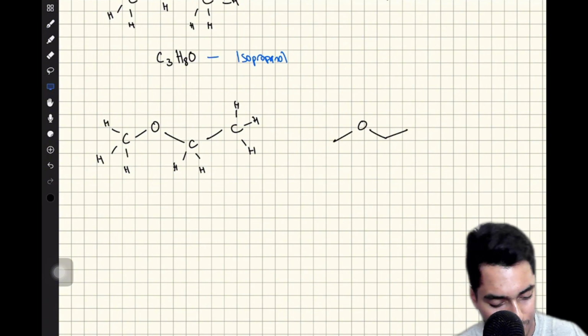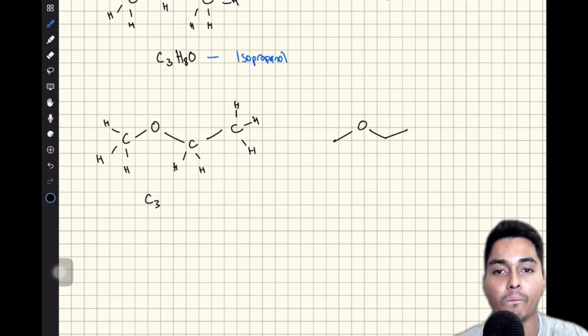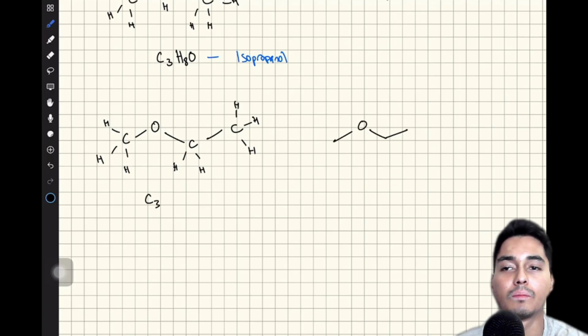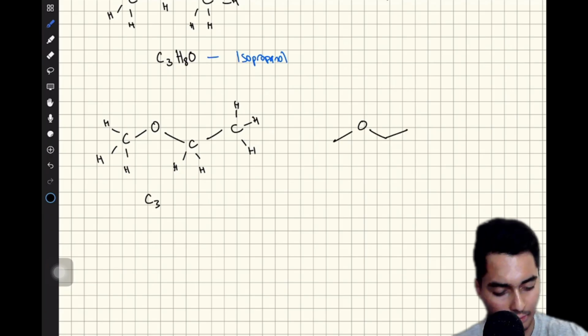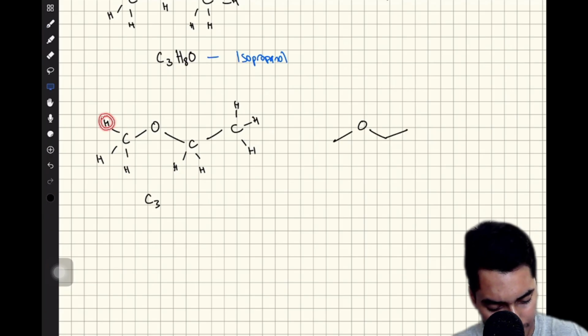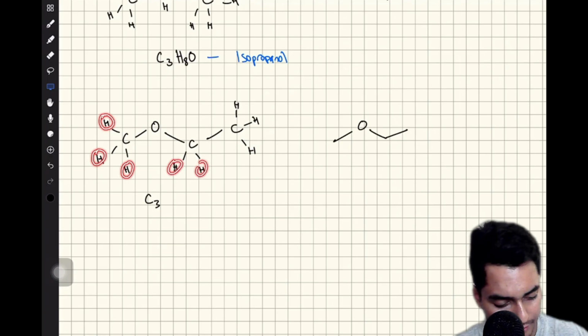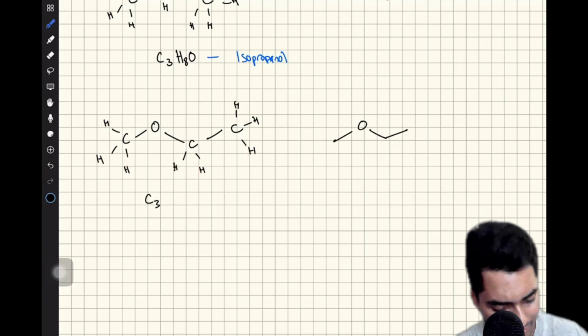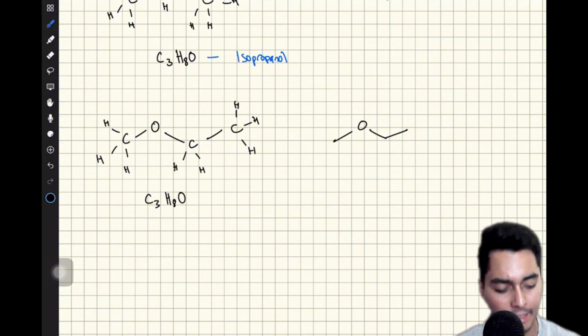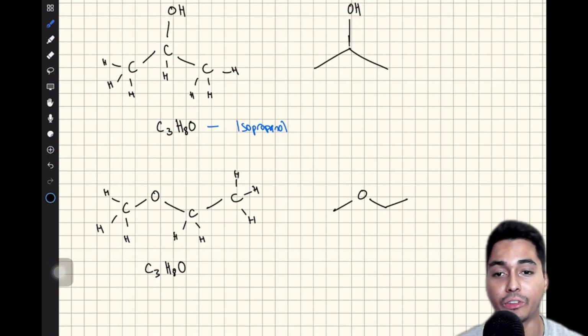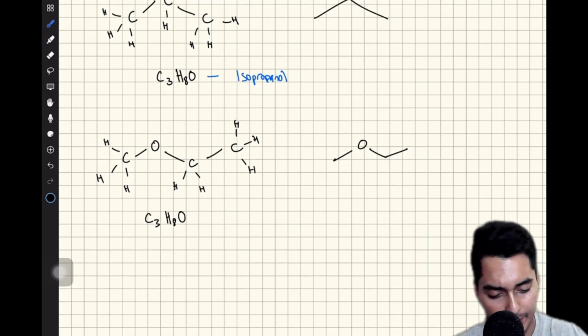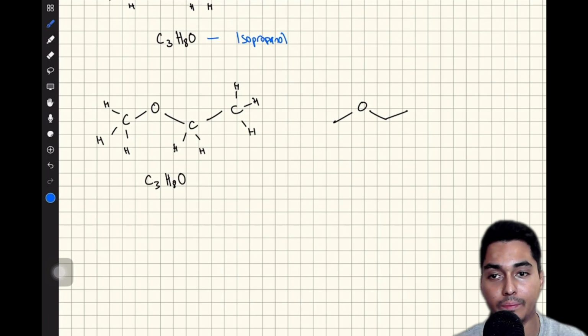So let's count our carbons. We do indeed have 1, 2, 3 carbons. We're also going to have our 1, 2, 3, 4, 5, 6, 7, 8 H's and our 1 O. And again, we do have the same formula, so this is going to be another isomer. The name of this isomer is going to be ethyl methyl ether.